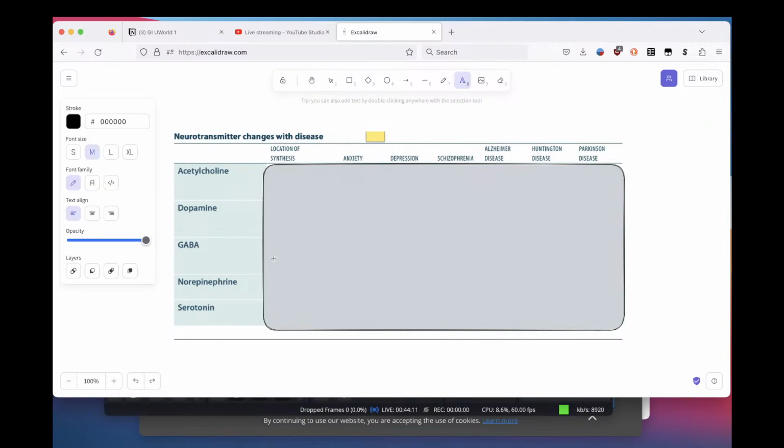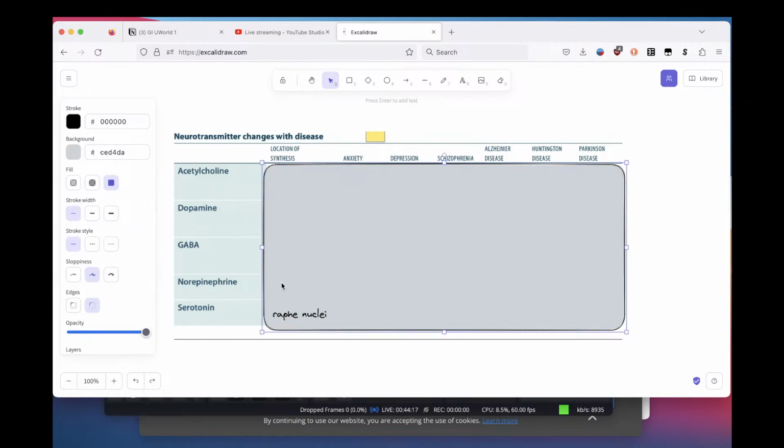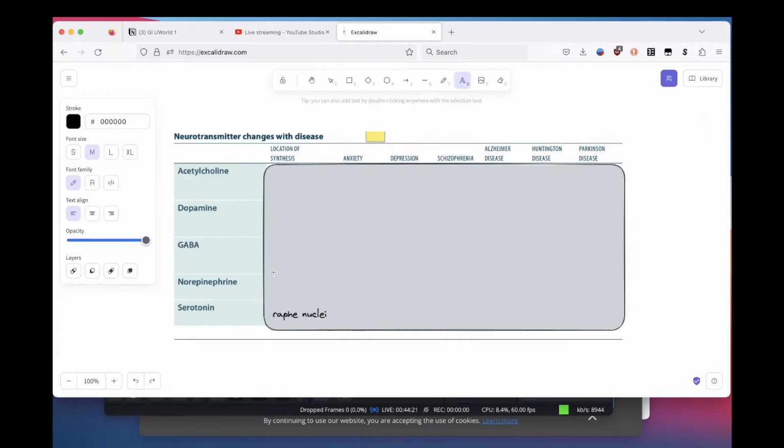Okay, let's do the ones I do know. This is the raphe nuclei. Norepi, GABA. Oh, norepi is in the locus ceruleus. Okay, GABA is in the nucleus accumbens.